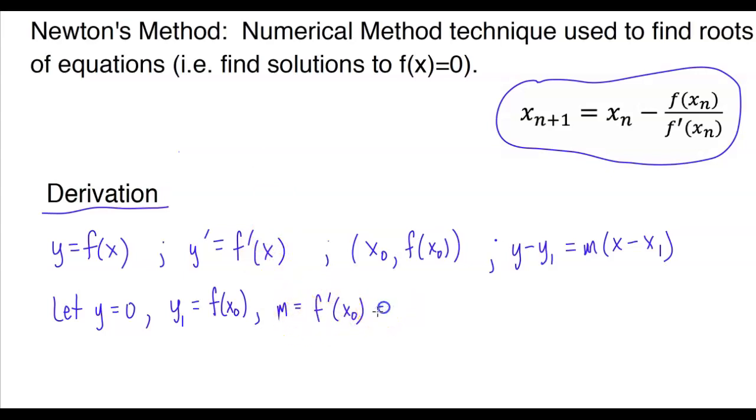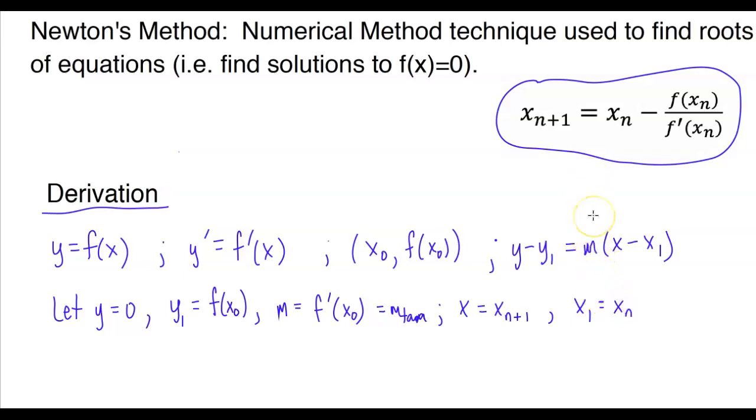And of course, we know this as the slope of the tangent line. And that should be an n, not an m. And let's see, we have y sub 1, we got m. Yep, so we're going to let x be x sub n plus 1. And we are going to let x sub 1 be x sub n.